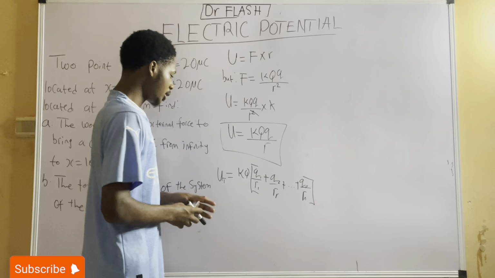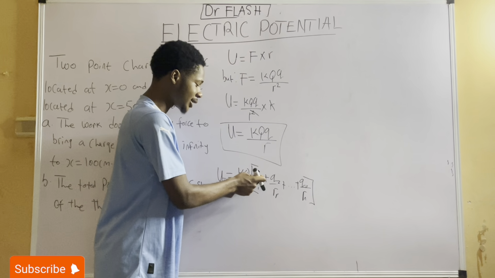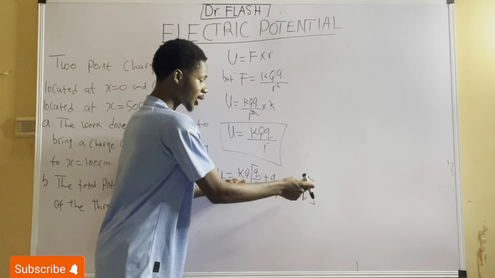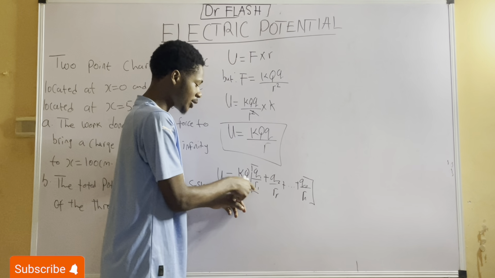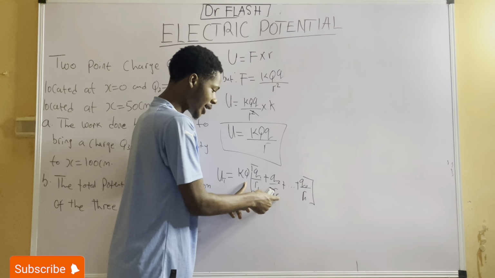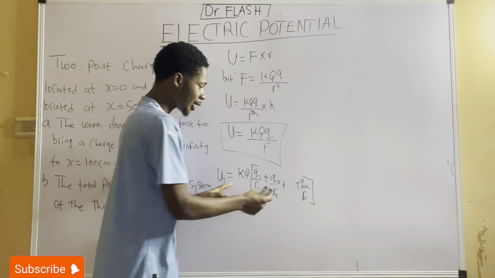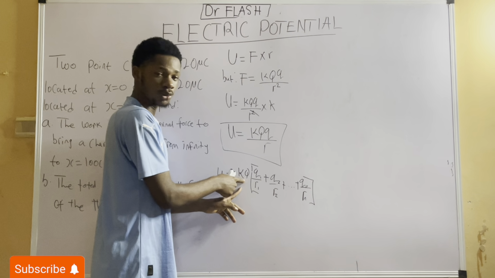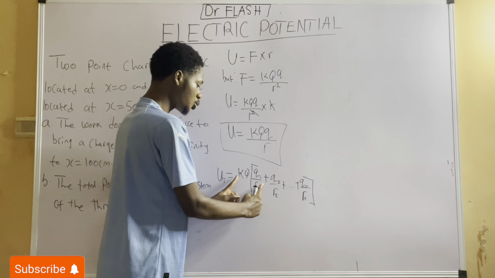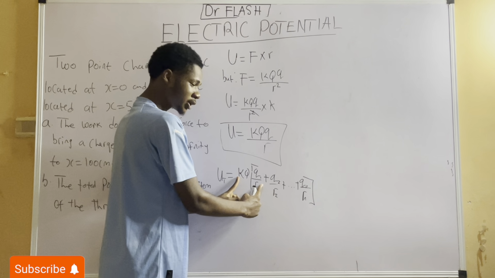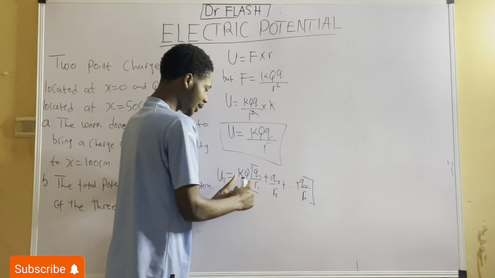Here is the explanation. If, for example, this is a stationary charge, and then we are moving these other charges, they are placed at different distances away from Q. q1 is placed at a distance of r1 away from big Q, q2 at a distance of r2 away from big Q, as well as qn at a distance of rn away from Q. So to get the net electric potential energy, we're going to sum the potential energy between q1 and Q, which is what we're having here, the potential energy between Q and q2, which is kQ times q2 over r2, and then for qn as well.